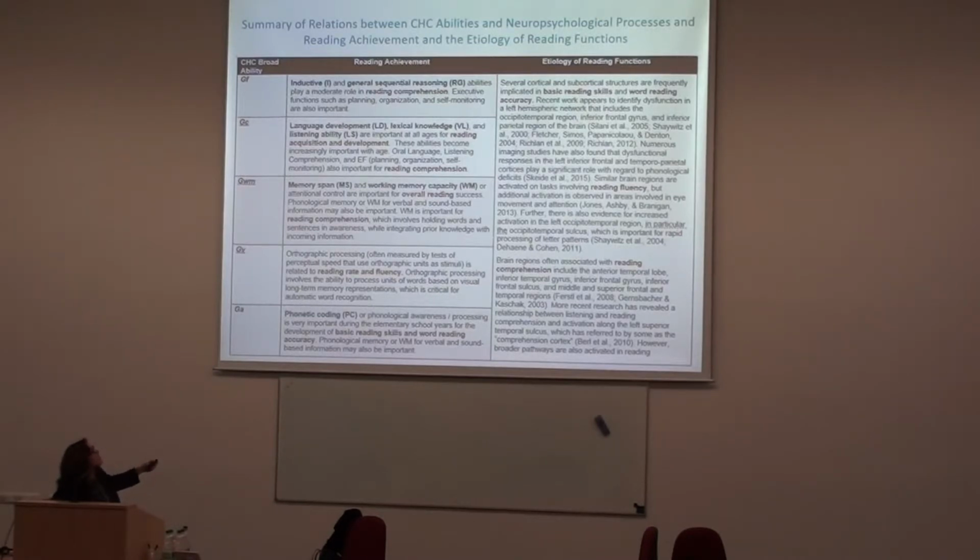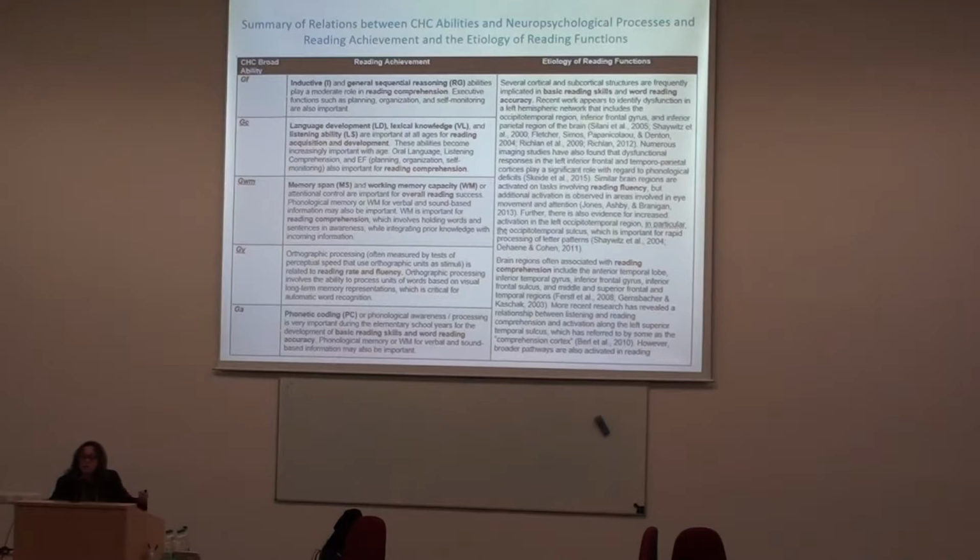Then in this column, you have narrow abilities within these broad domains that have been found to be most closely associated, in this slide, with reading. So this is about the relationships between cognitive abilities and reading achievement. And the etiology of reading functions is here.